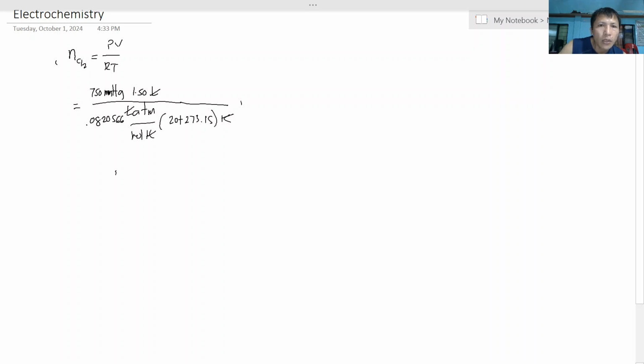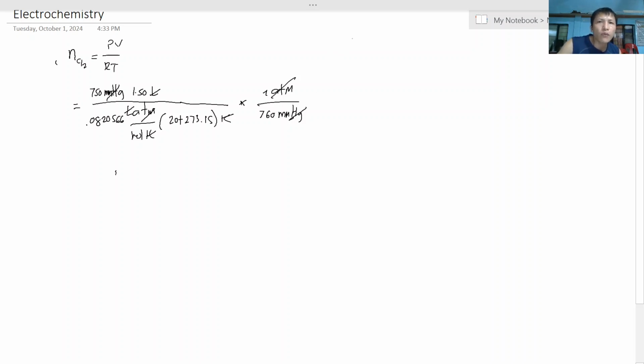Then for your millimeters of mercury, you can look from your tables, 760 mmHg is equal to 1 atm. So that is for pressure. So the atm cancels, the millimeters of mercury cancel, and what remains is the mole. So this is the number of moles of chlorine gas.